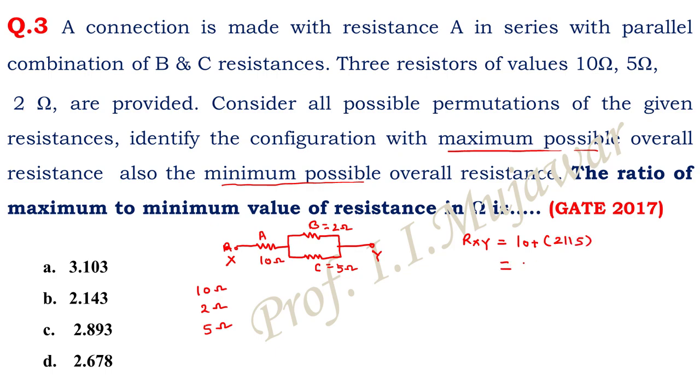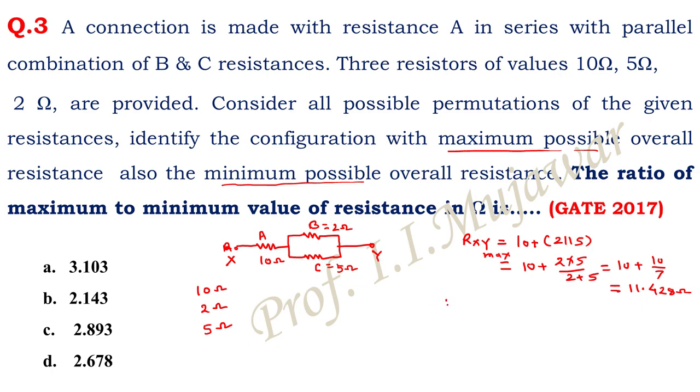So this value is 10 plus 2 into 5 divided by 2 plus 5, that is equal to 10 plus 10 divided by 7. This comes out to be 11.428 ohm. So this is the maximum value of Rxy.